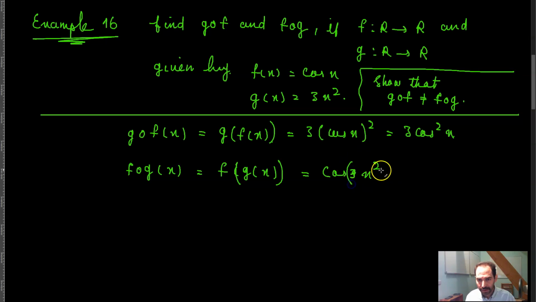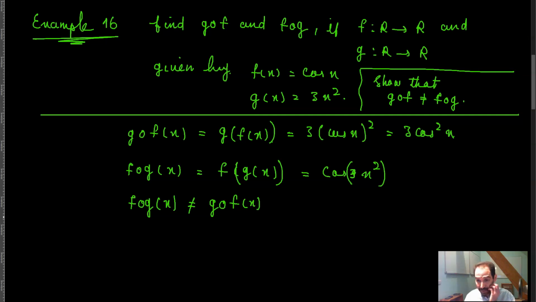Of course you can write it this way, meaning that the whole angle is basically 3x squared, whatever x might be. Then you raise that to the second power and then multiply it by 3, and that becomes the argument of the cos function. So then you can see that f of g of x is not equal to g of f of x, as you can see here: 3 cos squared x and cos of 3x squared. And so that's basically example number 16.